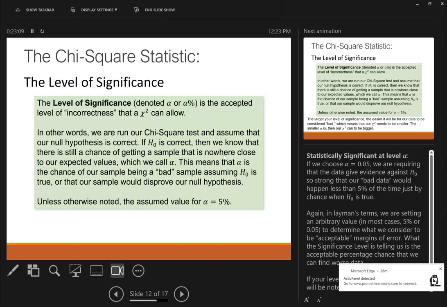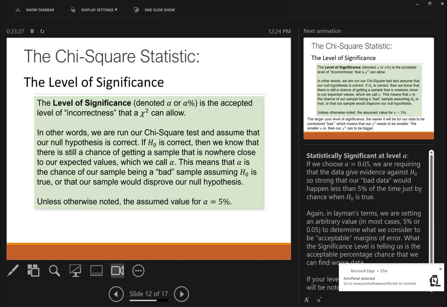Probably doesn't matter when we're talking about the distribution of colors in M&Ms, right? Like nobody's life is at stake there. If you say, oh yeah, I think these are really different, and it turns out you just got a really low probability bad sample, and the things were the same, nobody's dying because of that, right?